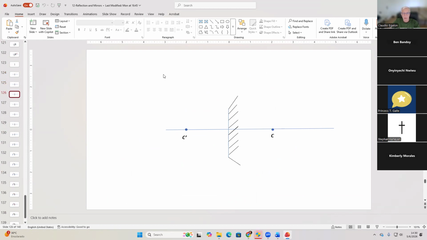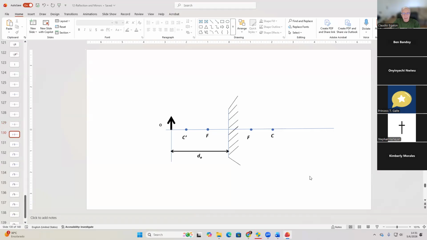I usually like to put the other center of curvature, and I want to get this one right in here. Here you go. Focal point. Focal point in front of the mirror, focal point behind the mirror.